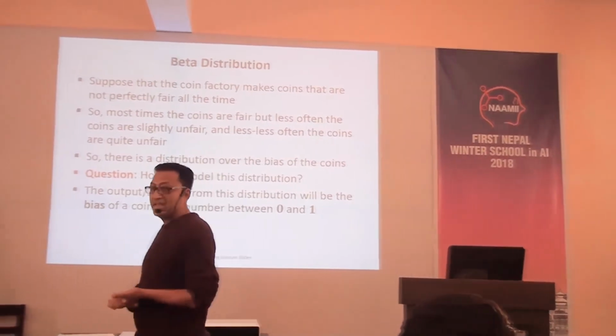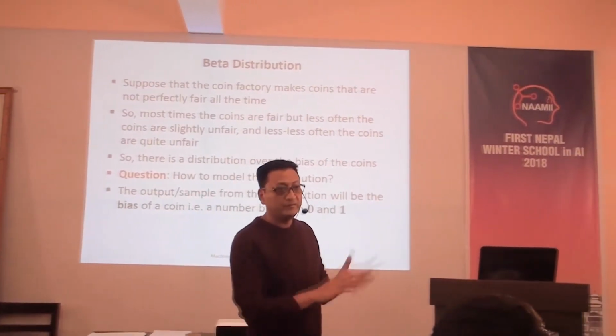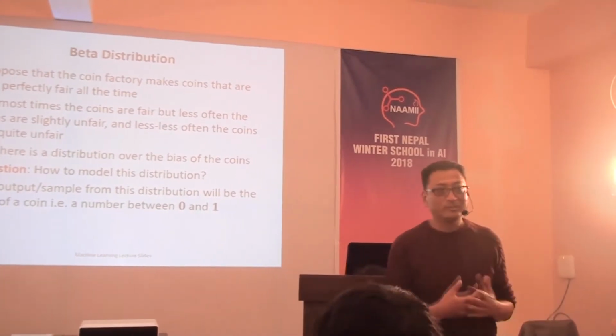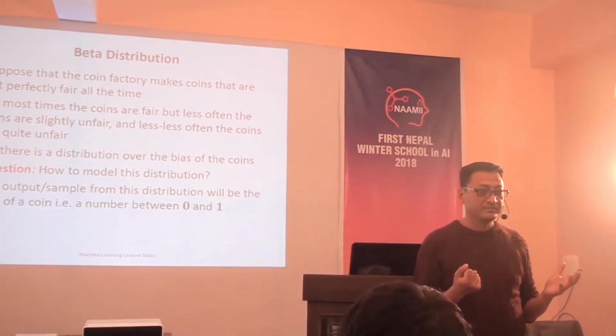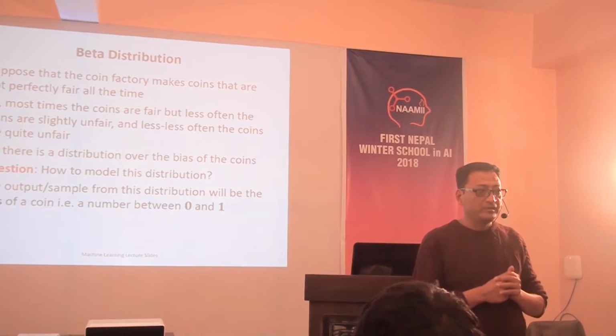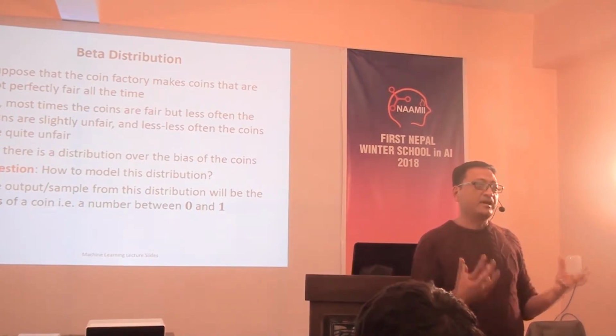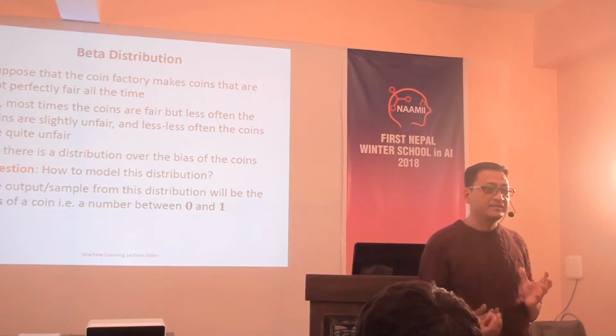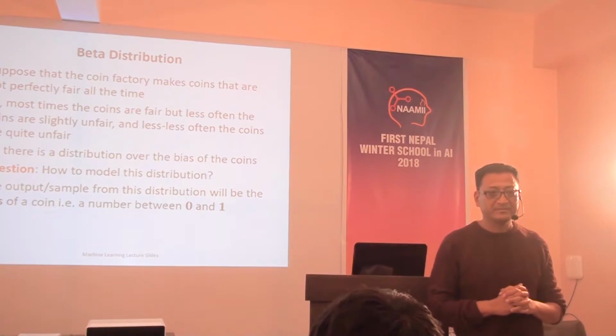So what we have is that, given any factory, let's say his factory or your factory, we have a distribution over the bias of the coins, okay? The question is, how do we specify some parameters that are going to say, I can expect this kind of distribution of the coins from each of these different factories?